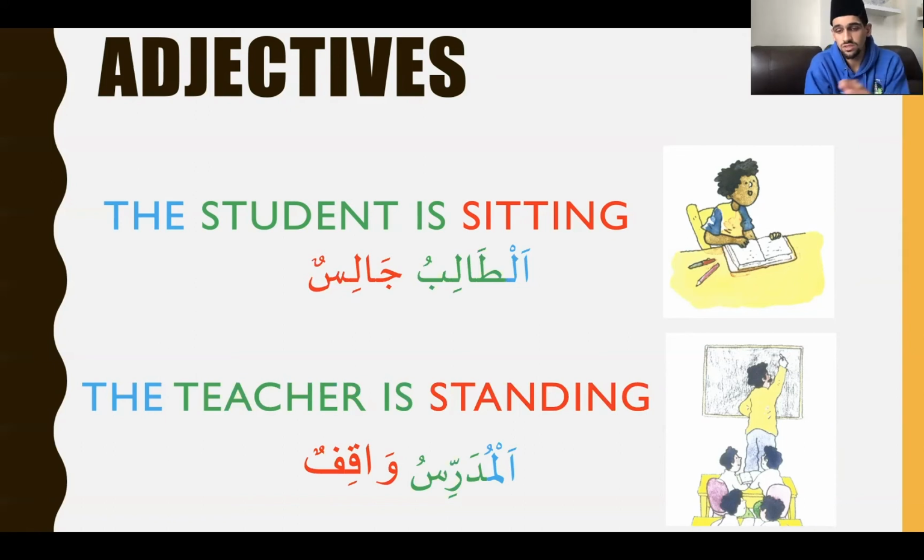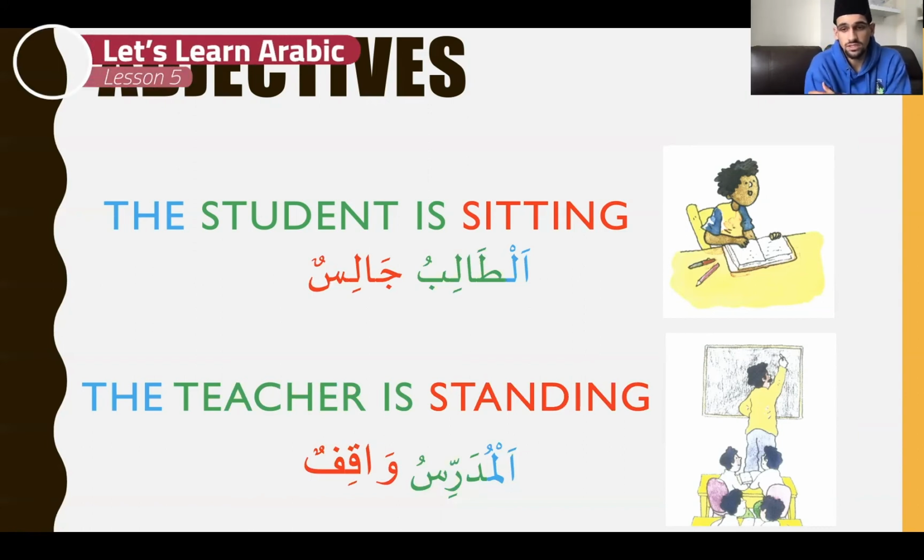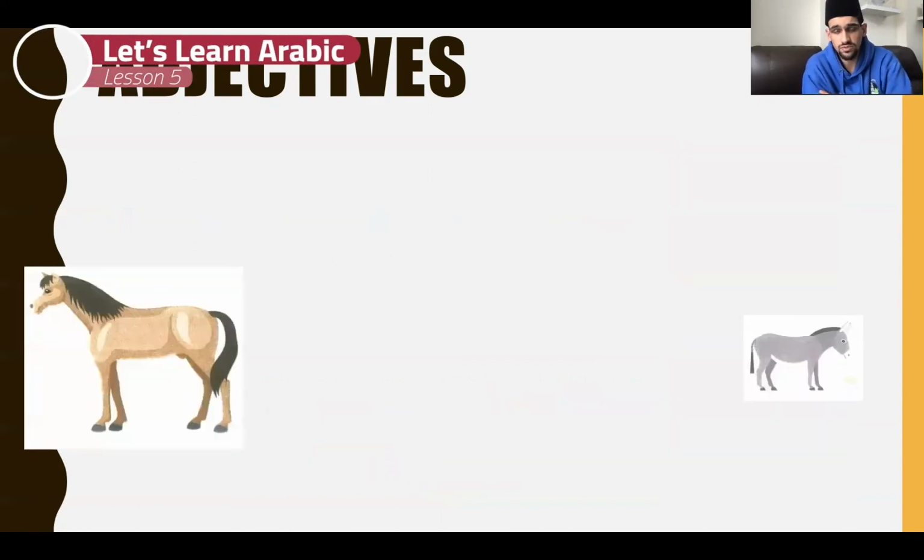Someone is sitting, someone is standing. You can use all the words which we have learned so far, for a boy, which is al-waladu, and you can use the same words, jalisun or waqifun. So mixing and matching always, and that's the best way to learn. So the teacher is standing, al-mudarrisu waqifun. Some more examples here.